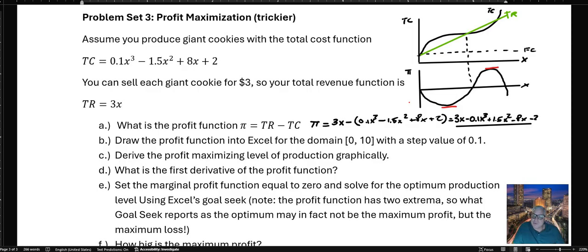Okay, so now we want to find where is the maximum, and we can take the derivative, and we have to find the optimum solution, which is where the marginal profit is 0, but we need to be careful and see that we possibly have two solutions, and one is actually a bad one, because that would be the maximum loss.